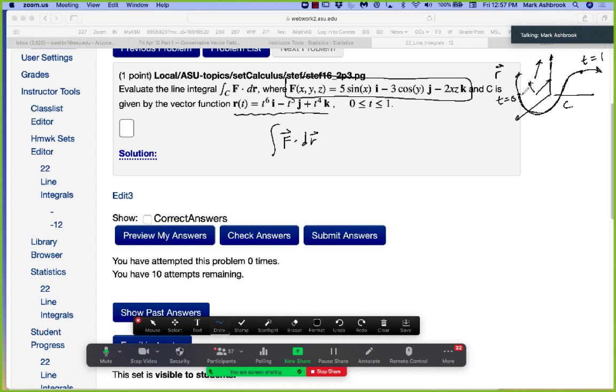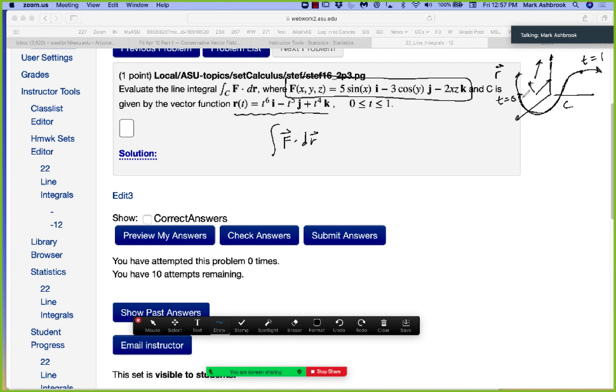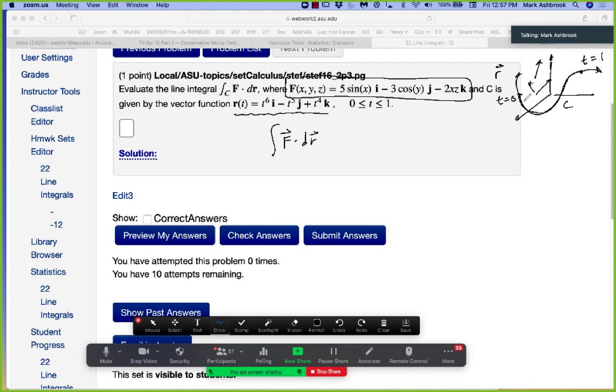What's a dr? dr is like a little vector quantity showing a little displacement along the path. And when you do F dot dr, if this is a force field, it's like you're accumulating all the little bits of work. So this gives a little bit of work, dW. And then we're going to accumulate all that work from 0 to 1. And this is the work that the force field does on the object as it travels that path.